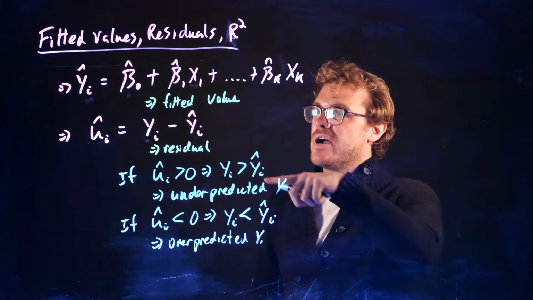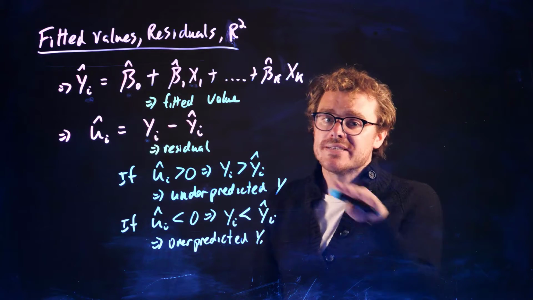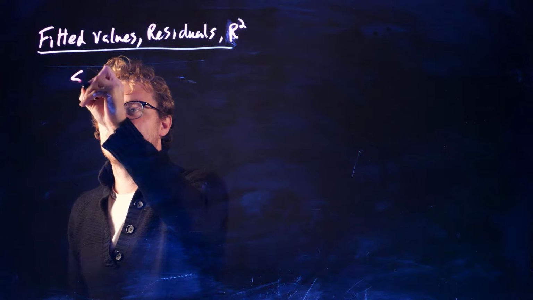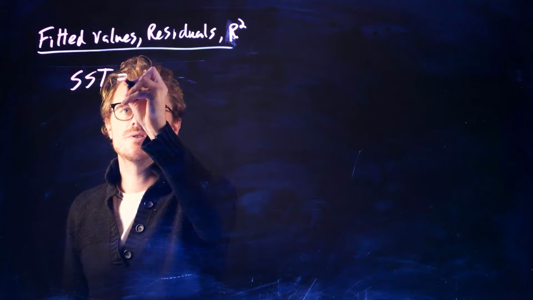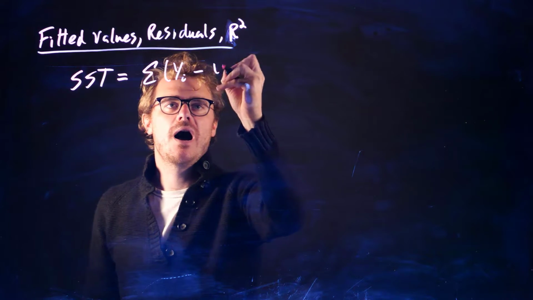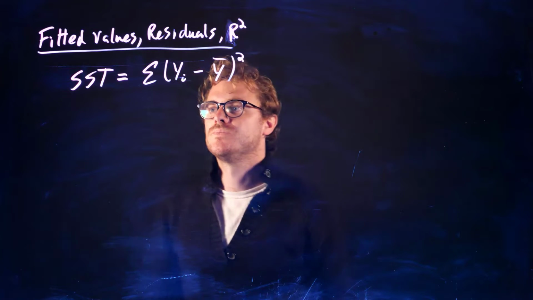All right, so now we can talk about R squared and goodness of fit, which will be really similar to what we did before. So just like in simple regression, we have the sum of squares total, or total sum of squares, which is the variation in y in our data set, in our sample.